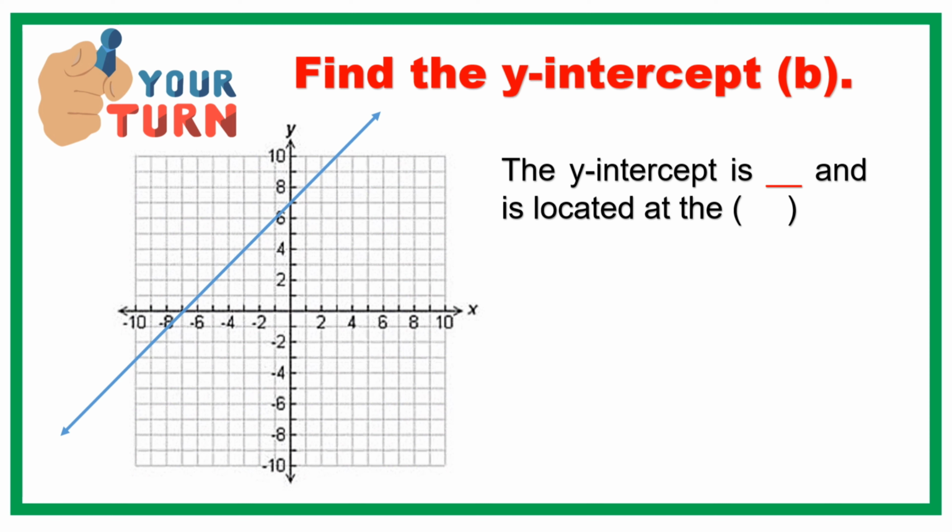The y-intercept is blank and is located at the... Okay, what is our answer? There you go. The y-intercept is 7 and is located at (0, 7). Just like that. You got it.